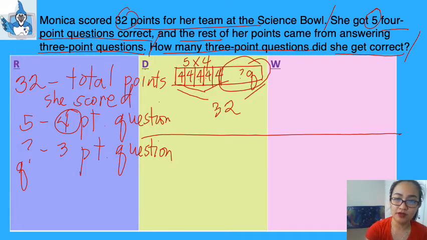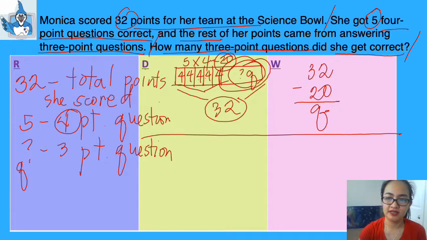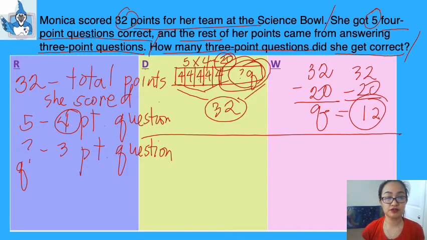And so this is equal to 20. How will I figure out the Q? Subtract 32 minus 20. And that's going to be your Q. The answer is, of course, 32 minus 20 is 12. Q is equal to 12.